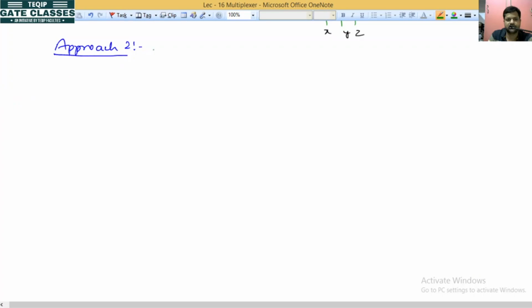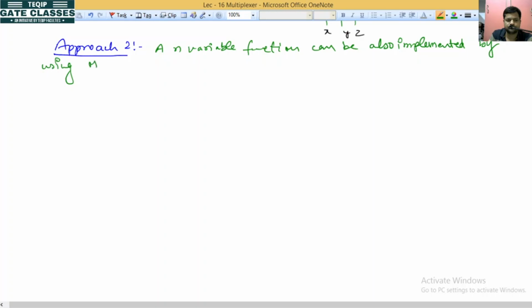So it tells that an n variable function can also be implemented by using a mux having n minus 1 selection lines.